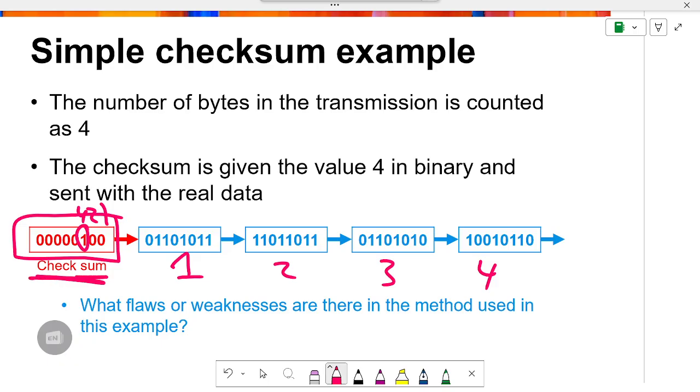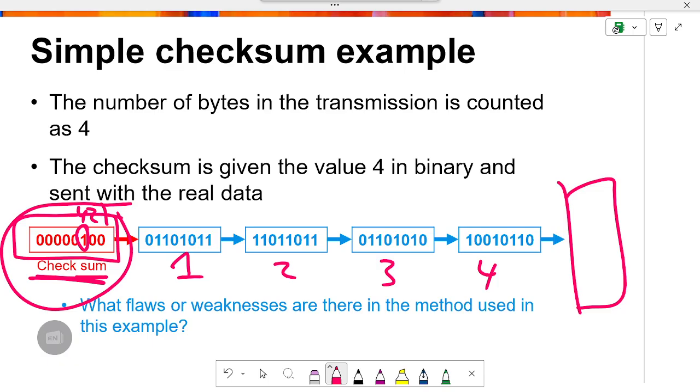And then the PC here is going to look at this byte and say, hey, I need to have 4 bytes. Did I get it? I have 1, 2, 3, 4. I have 4 things, so it means okay. If it's not the same, then that means I have an error. I have a mistake. I need to resend the data. Okay?